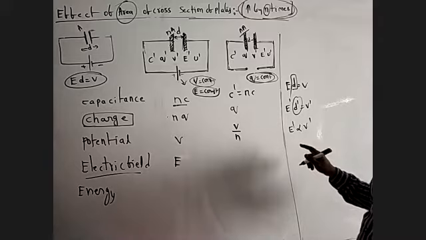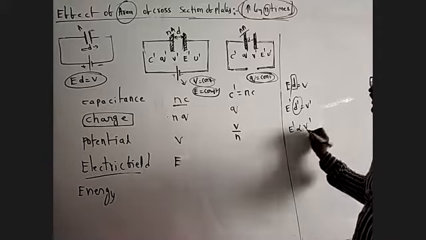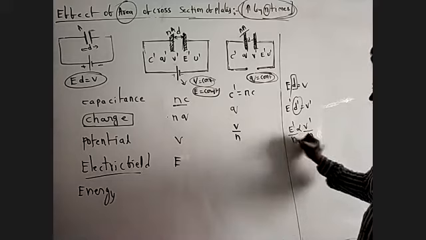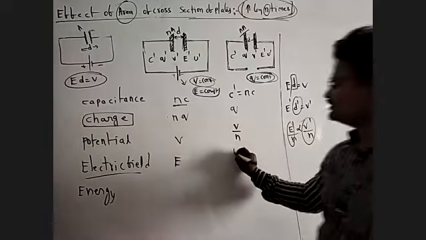That means when V dash decreases, E dash decreases.